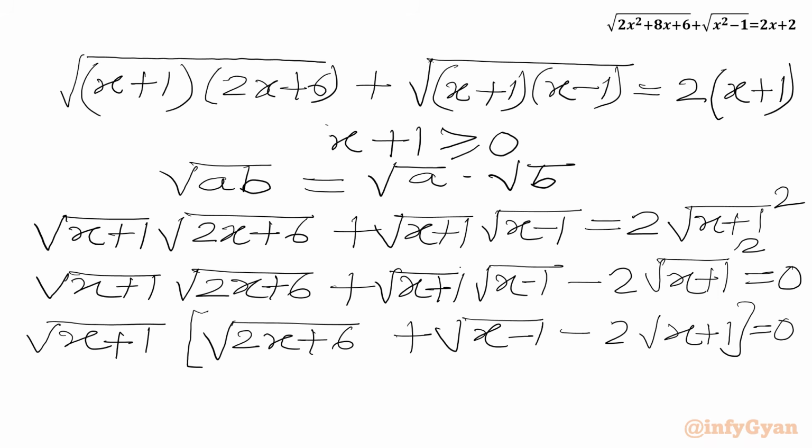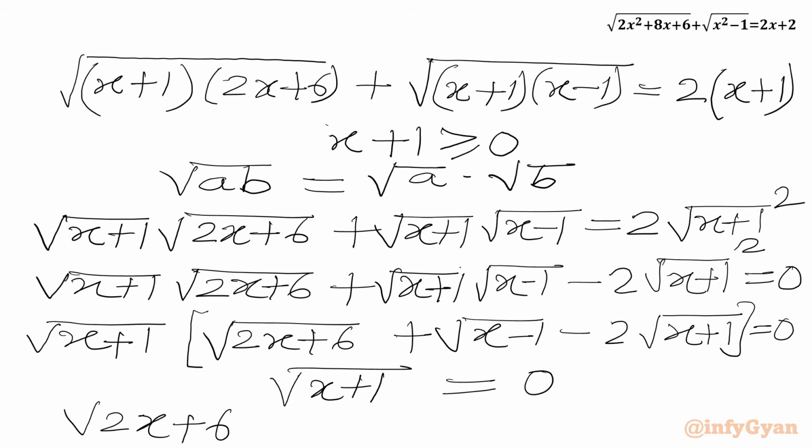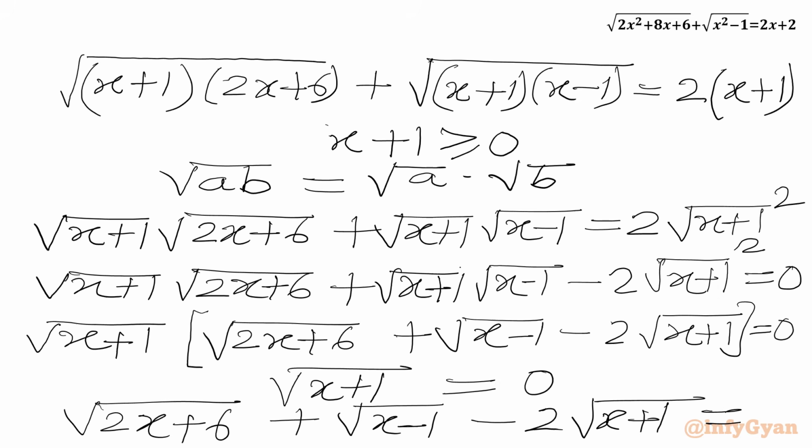So we can write two equations from here. Either square root x plus 1 will be equal to 0 or square root 2x plus 6 plus square root x minus 1 minus 2 times square root x plus 1 will be equal to 0. So we have to solve these two equations.